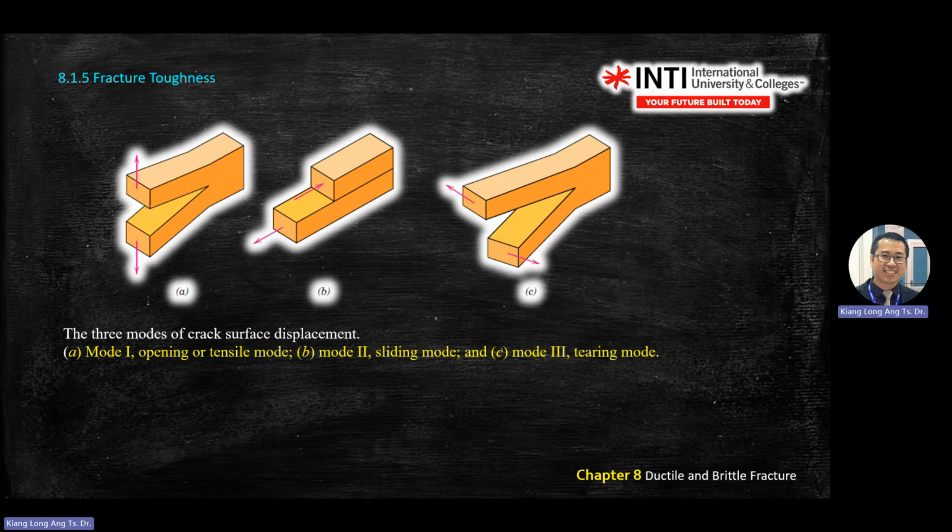You look at the direction of the crack. This one, you pull, the crack goes in. This one, you shear, the crack goes in the direction. Here also, you pull left, right, but the crack is perpendicular to the plane. This one, mode 3, perpendicular to the plane. It's only the direction that is a bit different.